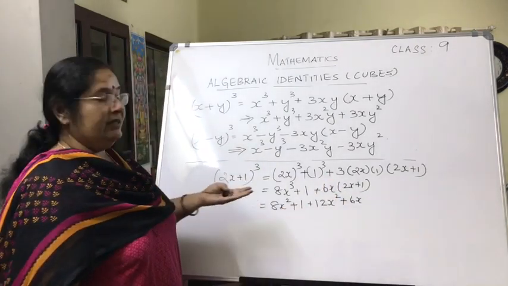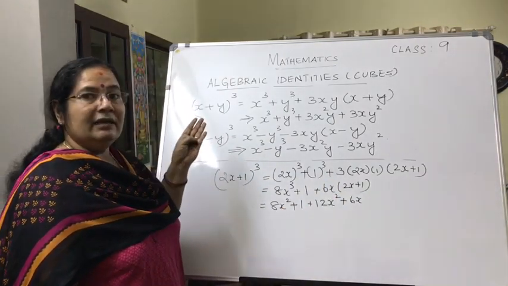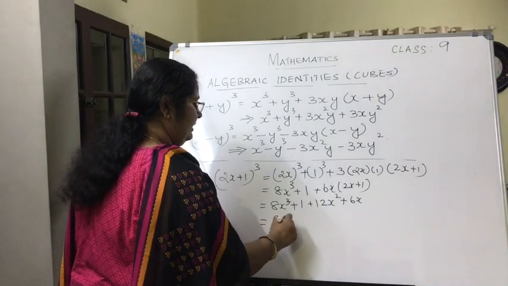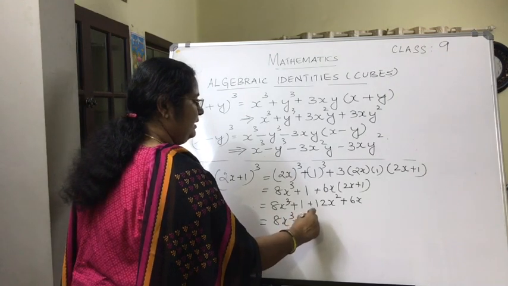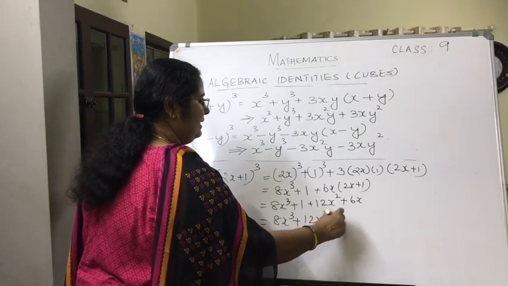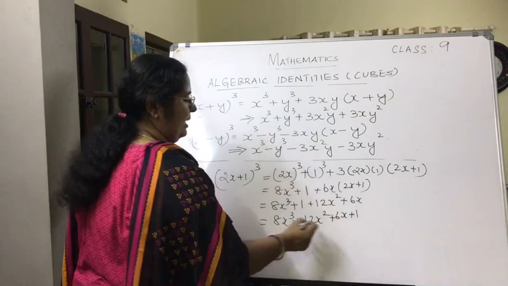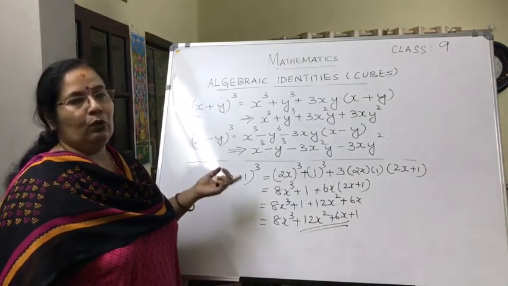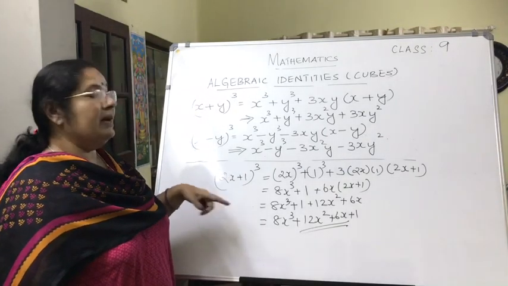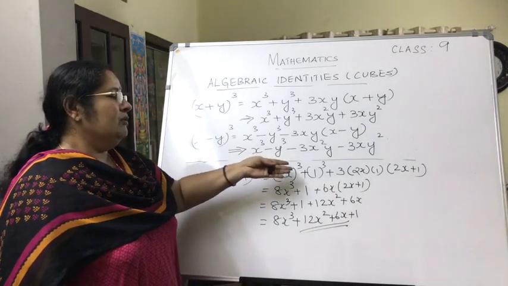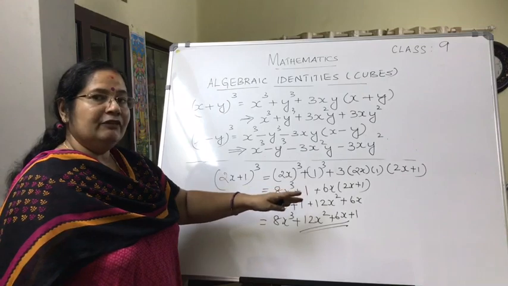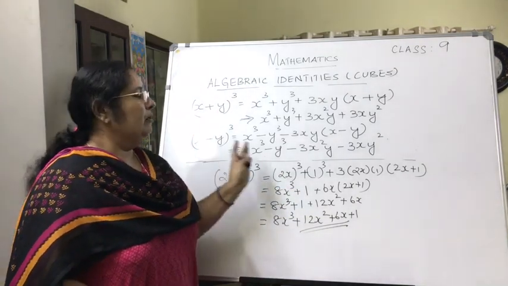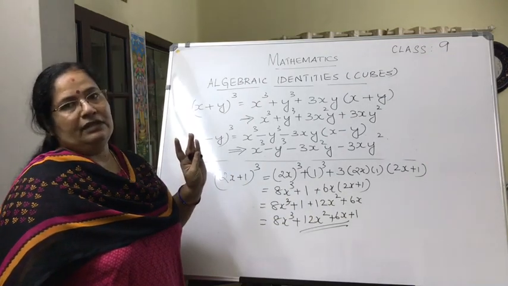Now rearranging this in decreasing order of degree, we can write this as 8x cube plus 12x square plus 6x plus 1. So this is the expanded form for 2x plus 1 the whole cube. Now suppose it was 2x minus 1 the whole cube, the answer would be almost the same except for negative signs. Only the first term will be positive, all the others would be negative terms.